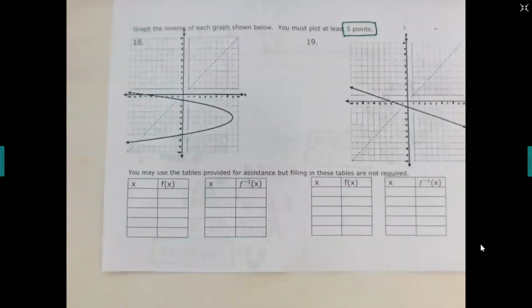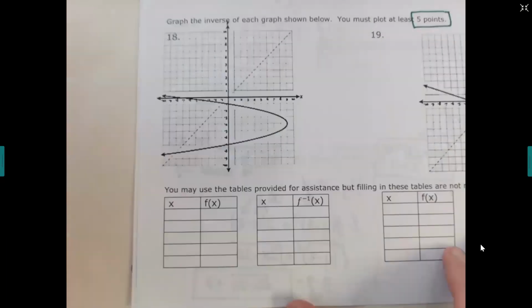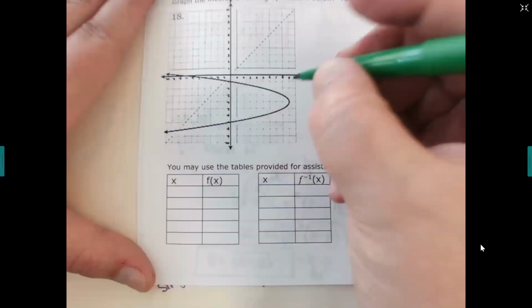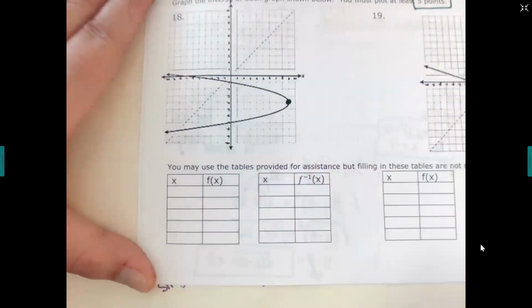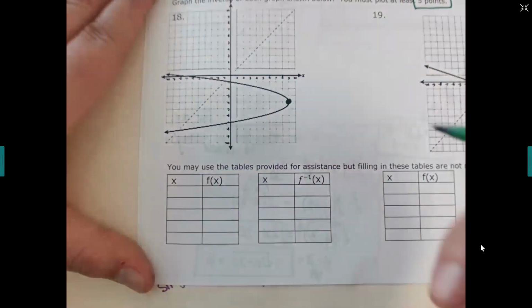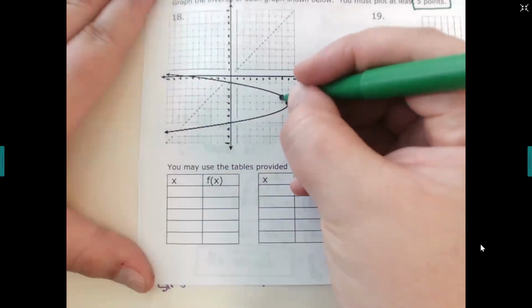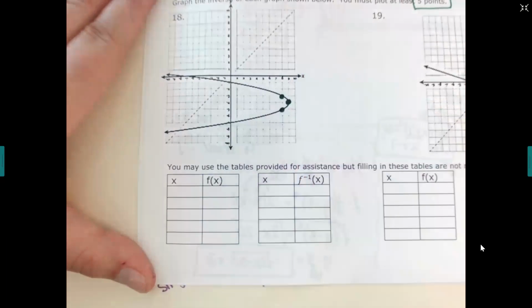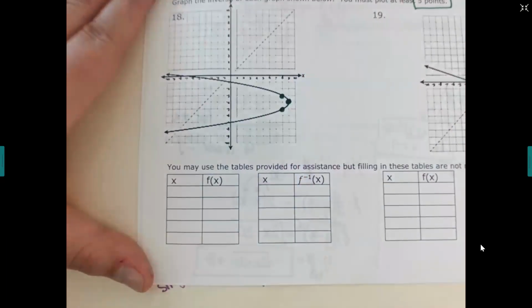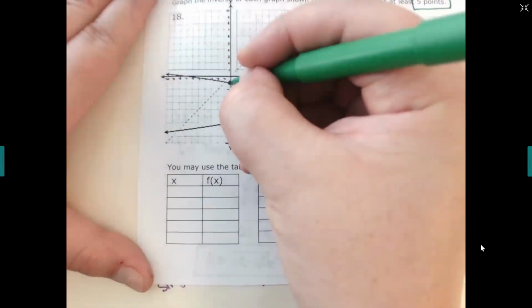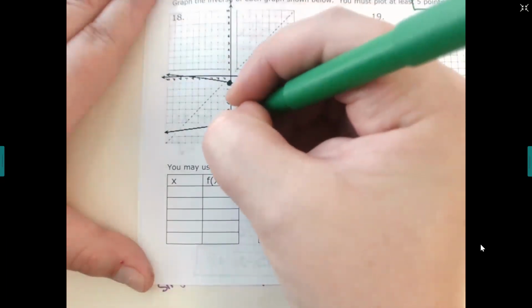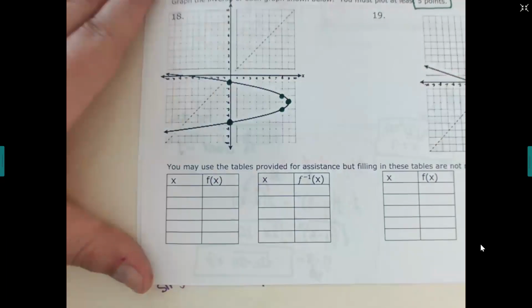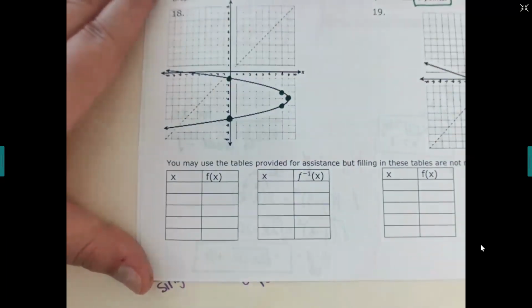Okay, and I know this graph is kind of janky, but just do your best. So I see I have at least 1 at the vertex. Looks like I've got 1 here and here. And then for my other 2, I'm going to pick where it hits the y-axis. So it looks like it hits here and here. But if you pick a different 5 points, it doesn't matter. Just make sure that you at least get where it curves.